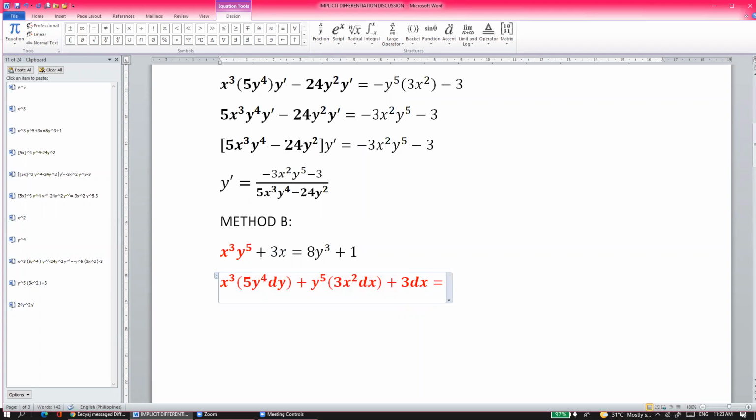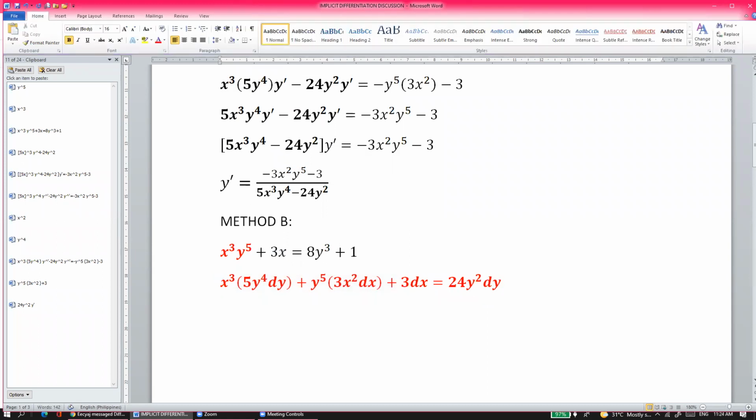Ano ngayon ang derivative ng 8y cubed? 24y squared dy. Okay, very good. And then derivative ng 1 is 0. So ganyan lang siya kadali. Nakukuha ba natin? Can you still follow? Yes po.